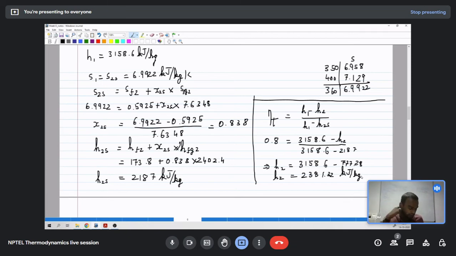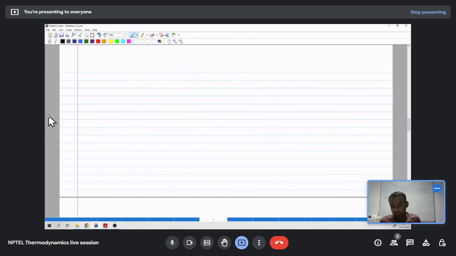Now we can calculate the pump parameter. We don't have the inlet enthalpy, but inlet enthalpy is not needed. All we need is the pump work. So pump work can be written as V times the change in pressure.